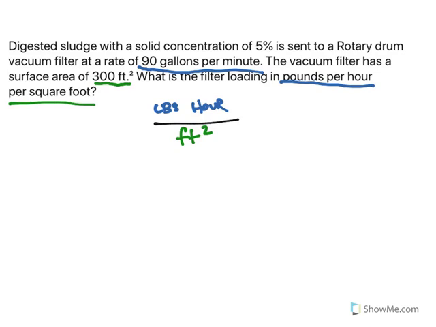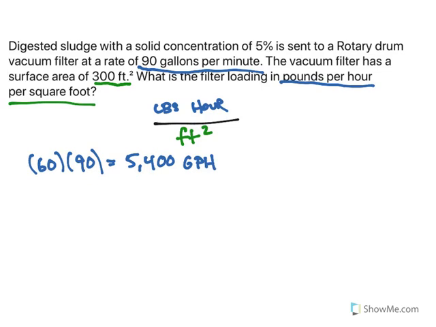So I'm going to calculate gallons per hour based on that. So 60 minutes in an hour times 90 gallons. 60 times 90 gives me 5,400 gallons per hour.